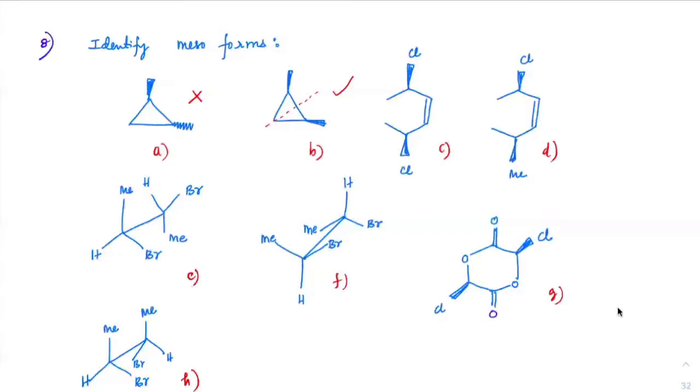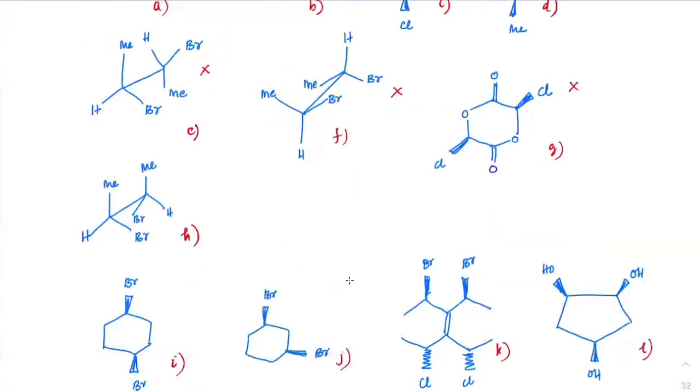For E, not meso. Very good. Next, here, is it a meso? No, not a mesoform. Next here, not a mesoform. No plane of symmetry there also. Next, H. Is it a mesoform? No.